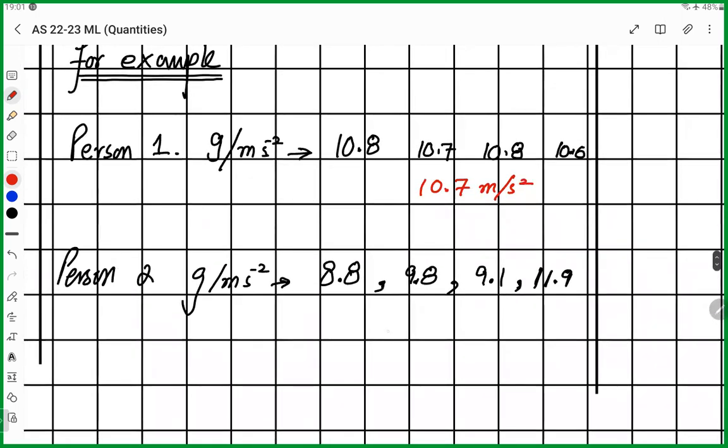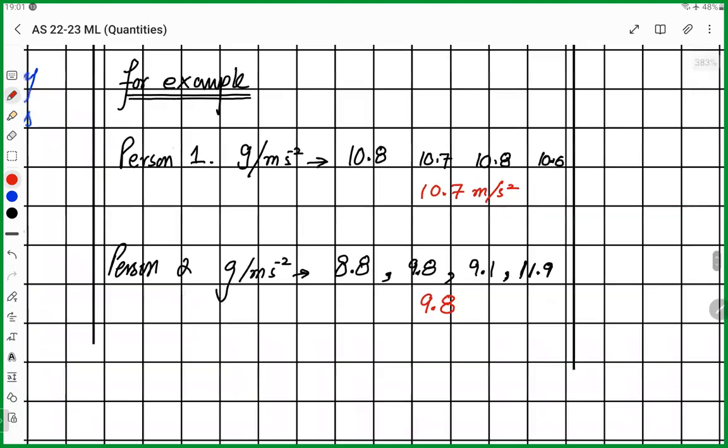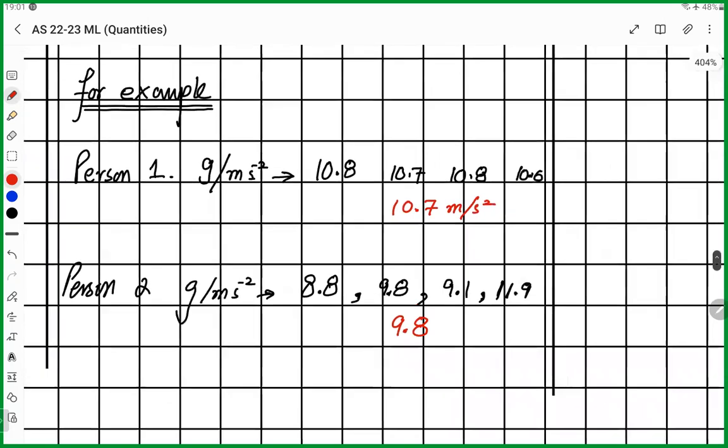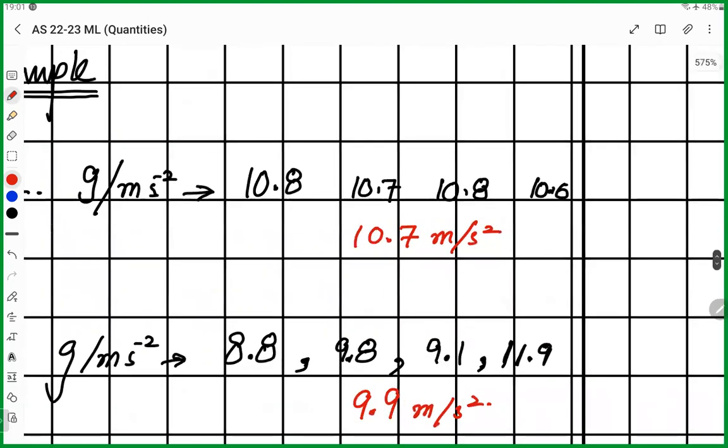And the other person measures it, he should get around 9 point 9. Okay, 9.9 meter per second square. Now look at the difference between the smallest value and the largest value for the first person.